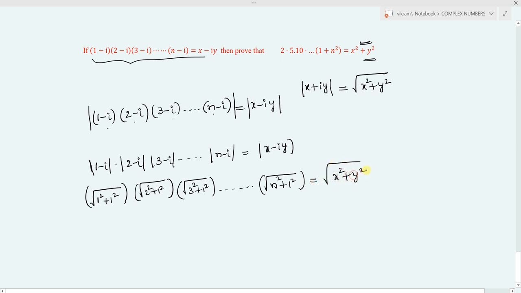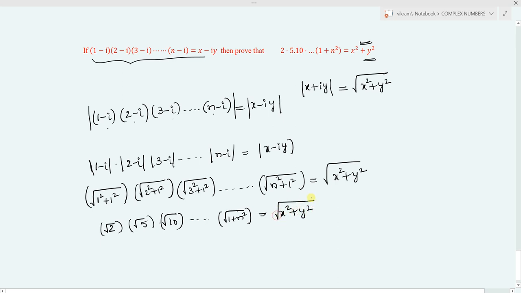But what do we need to prove? 2 into 5 into 10, that means here we get square root of 2 into square root of 5 into square root of 10 and so on, square root of 1 plus n square, equals square root of x square plus y square.